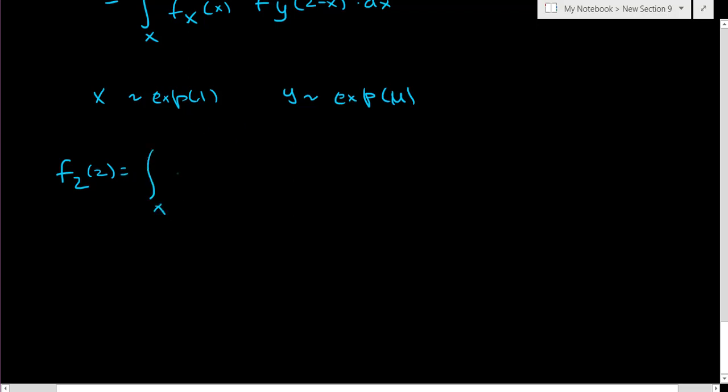Now f of x becomes lambda e to the power of minus lambda x, and this one becomes mu e to the power of minus mu (z minus x). That is what you have here, and this becomes dx.